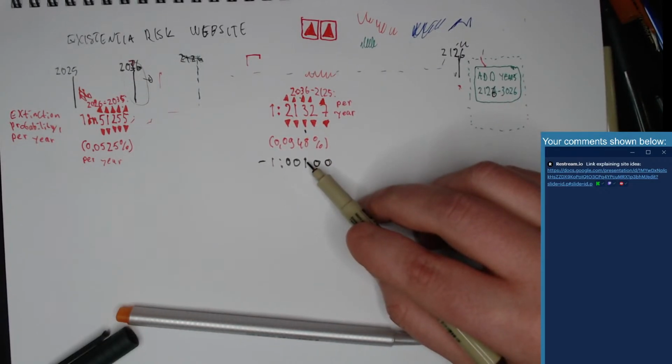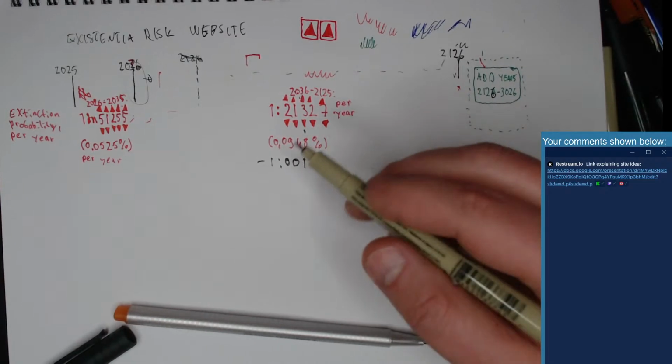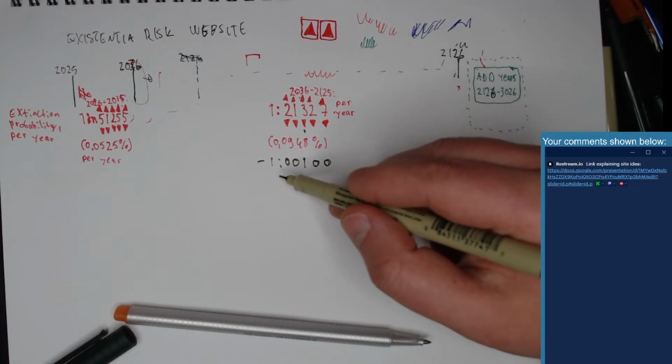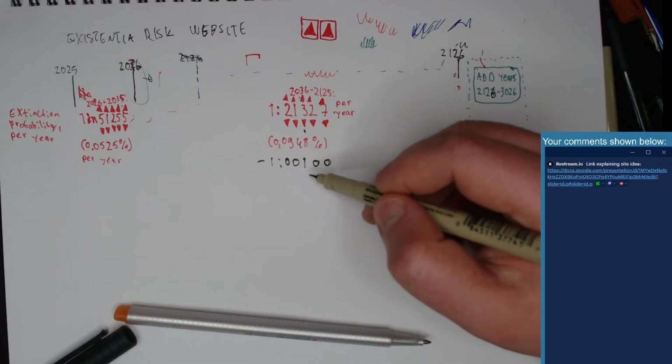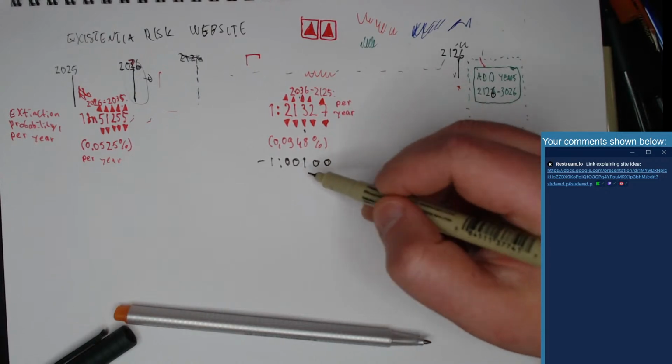No, it doesn't really work like this at all. This would read like 1 in 100, basically an improvement of 1 percentage point, but that's not what's happening at all.